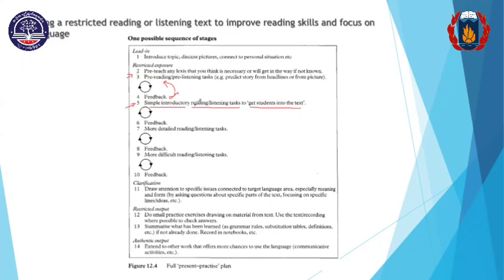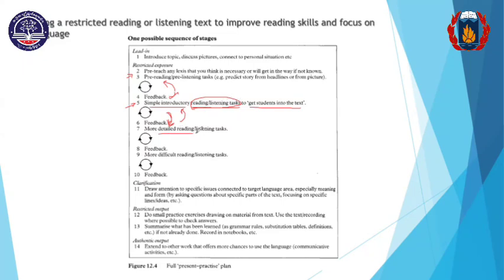After that, introduce the reading or listening task and give feedback again. If we see the learners' needs or difficulty, we can go back to the first stage. They read the reading text or listen to the text again.